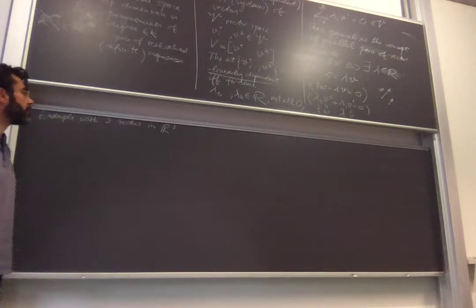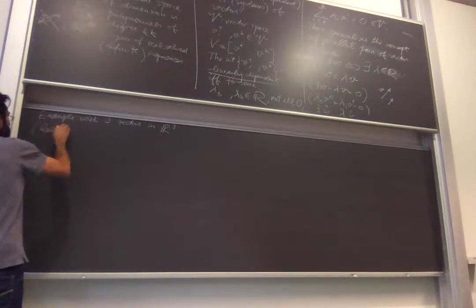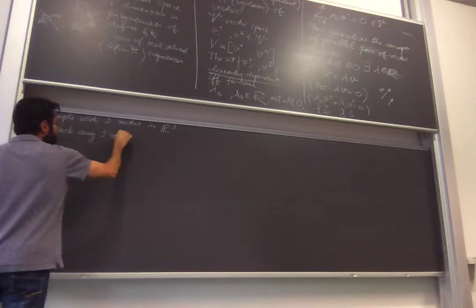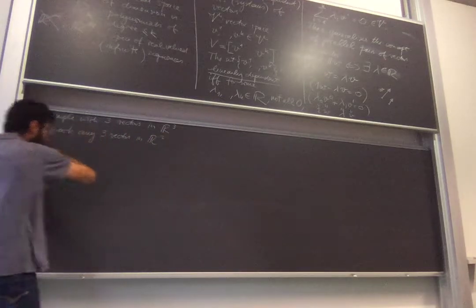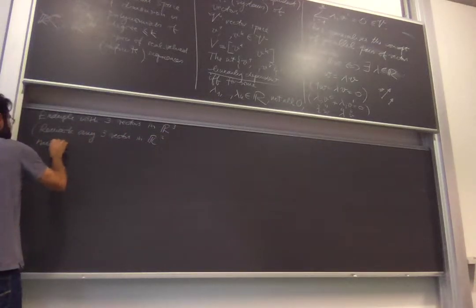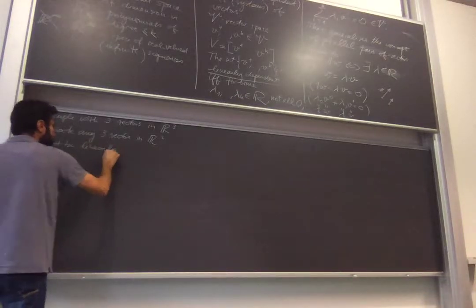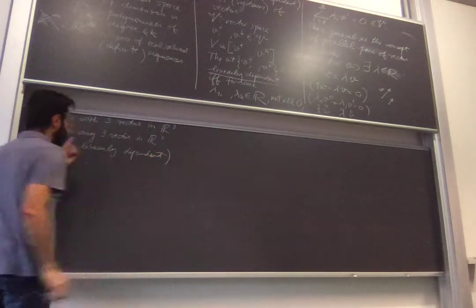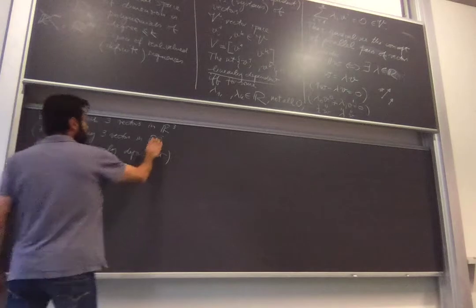That's another thing that we can also remark. Any three vectors in R2 must be linearly dependent, meaning that the set of these three vectors must be dependent. This is in R2.